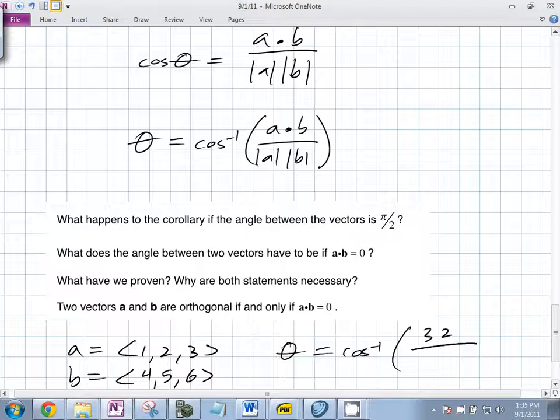Over, see how many of these numbers we can do in our head. We have to do the magnitude of 1, 2, 3, so it's 1 squared plus 4 plus 9. So it's going to be 14. Square root of 14 times the square root of 36 plus 25, which is 61. 61 plus 16 is 77. This will be the square root of 77.